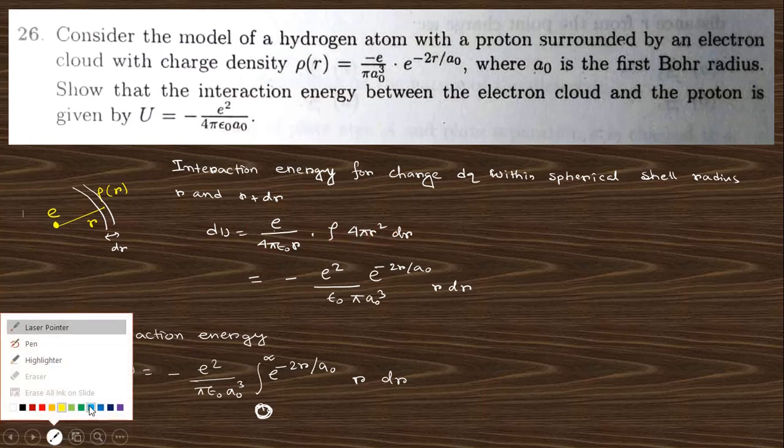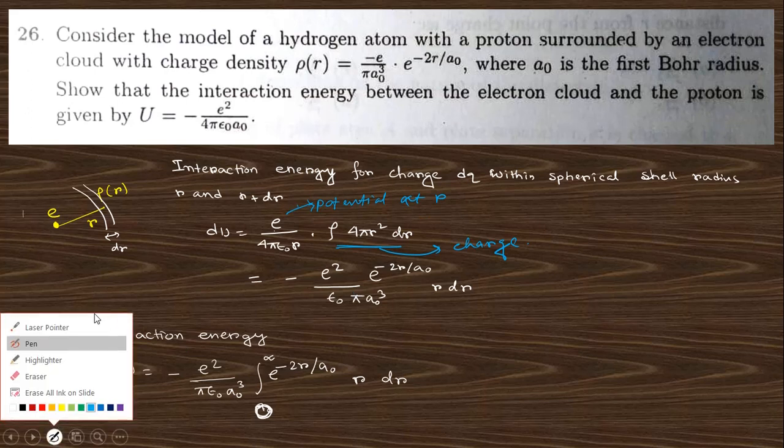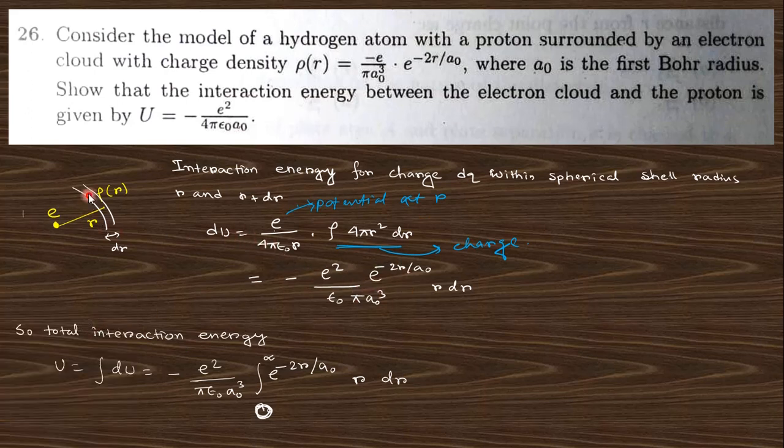This term is the potential at r, and this is the charge density times volume, that is the charge. So potential times charge is nothing but the energy. So this is the energy for the small region.